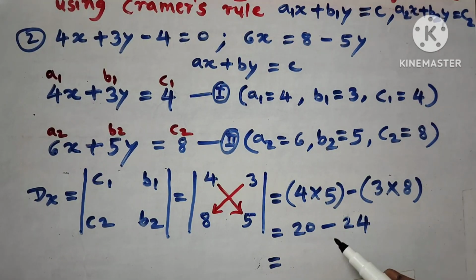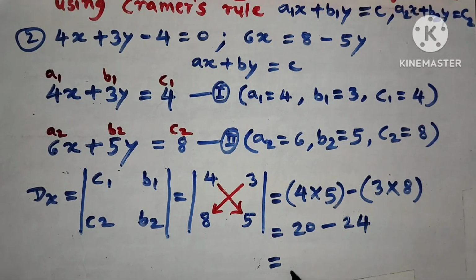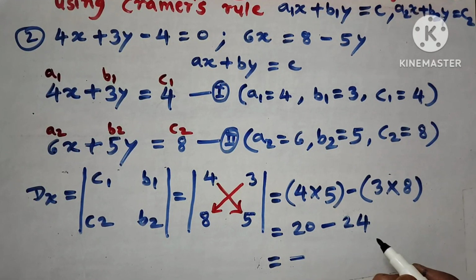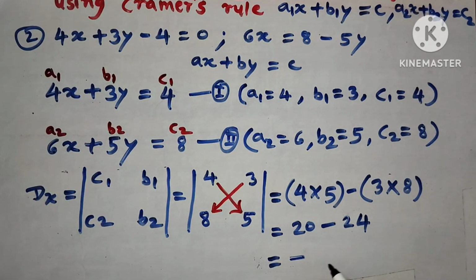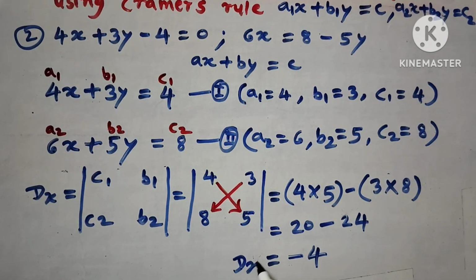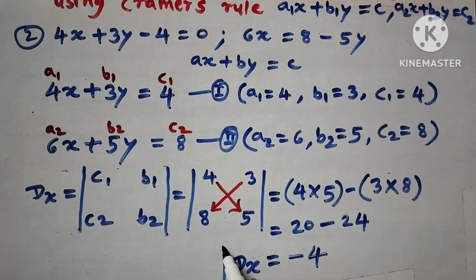Opposite sign, so subtract, and the bigger number's sign is minus. 20 minus 24 is minus 4. Value of Dx is equal to minus 4.